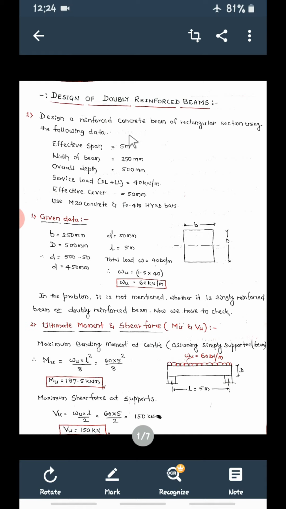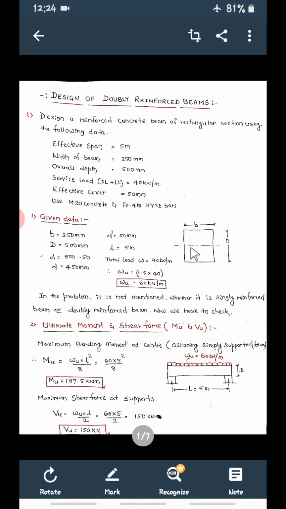There is not much difference between the design of singly reinforced and doubly reinforced beams. One major change you can observe here. First of all, you should know what is meant by a doubly reinforced beam. A doubly reinforced beam is a beam in which the main reinforcement, that is tension reinforcement, will be provided at the bottom and also at the top. On both sides of the beam, the reinforcement will be provided.